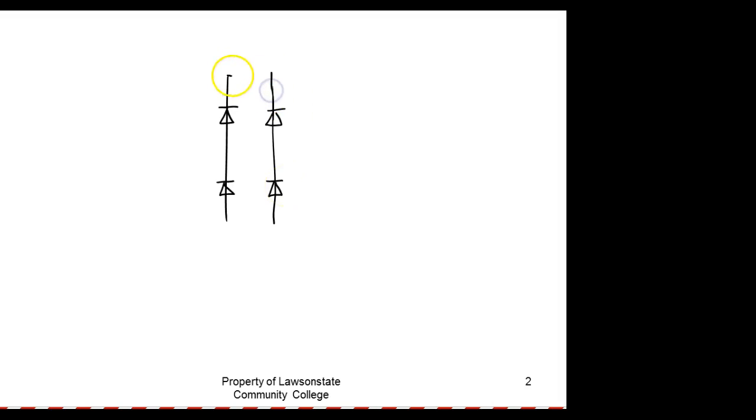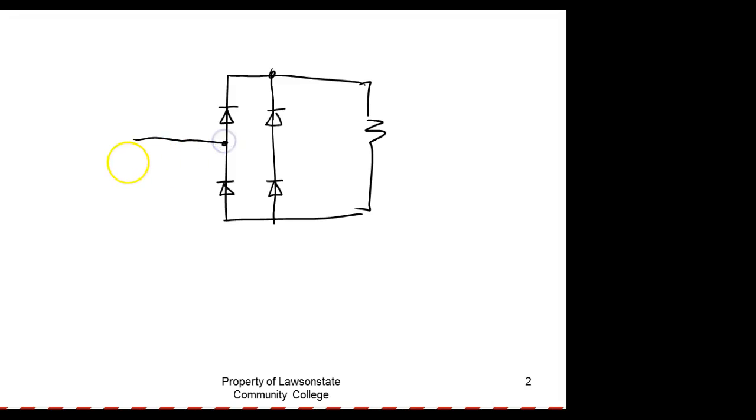And then my DC is going to be right here. And then I'll bring my AC in right here. That's a full wave bridge. If you look at it, it's exactly the same circuit, but this is the easiest way to draw it.